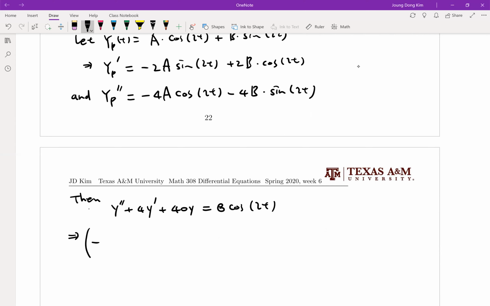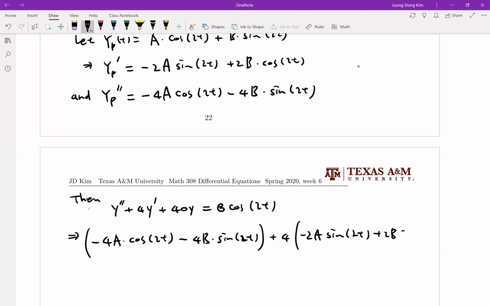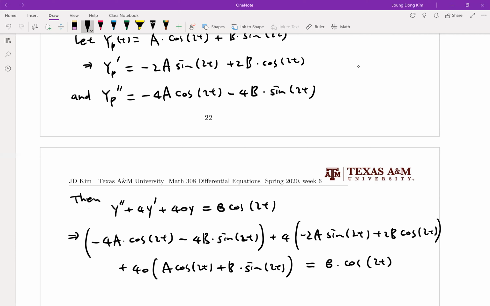Let me write everything: negative 4a cosine 2t minus 4b sine 2t, plus 4 times y prime, which is negative 2a sine 2t plus 2b cosine 2t, and plus 40 times y, which is a cosine 2t plus b sine 2t, must be equal to the right hand side, which is 8 cosine of 2t. Are you with me so far?